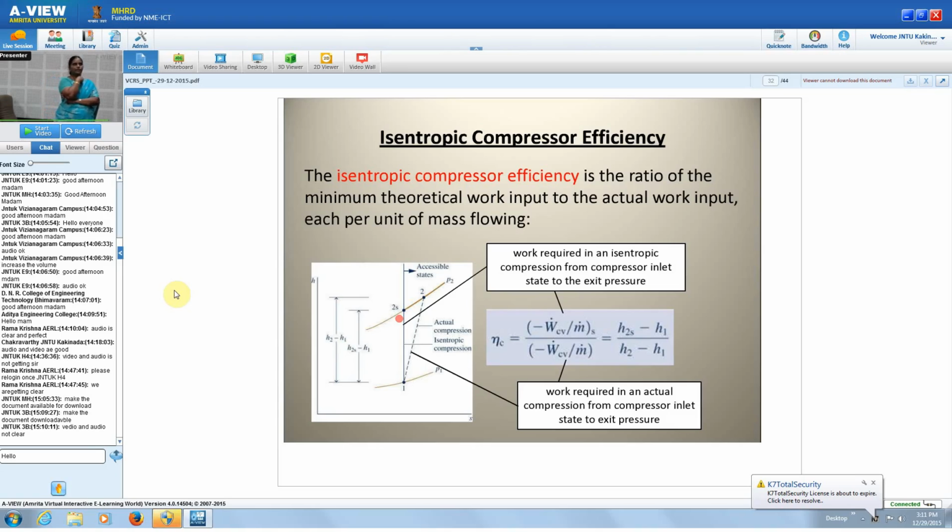You can also find out the discharge temperature from the compressor, that is 2, if you know the isentropic efficiency of the compressor. H2s minus H1 is the isentropic work required, whereas H2 minus H1 is the actual work required. With that you can find out the actual discharge temperature, that is T2.